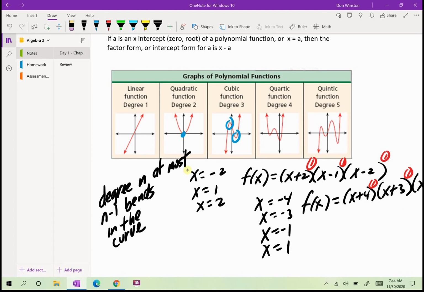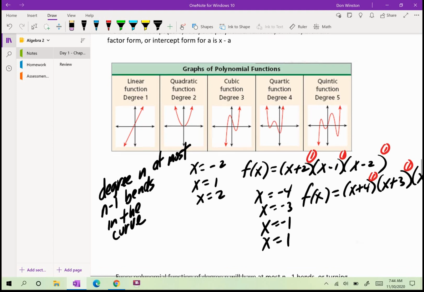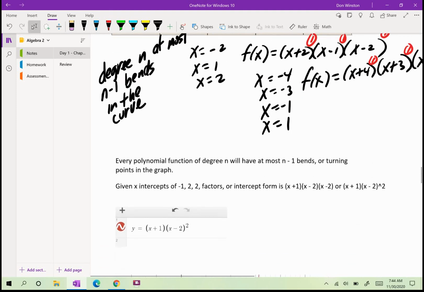Degree 3 at most 2 bends. And degree 2 at most 1 bend. I can have fewer bends, but at the most, for any degree n polynomial, is n minus 1 bends. So every polynomial function of degree n will have at most n minus 1 bends or turning points in the graph.